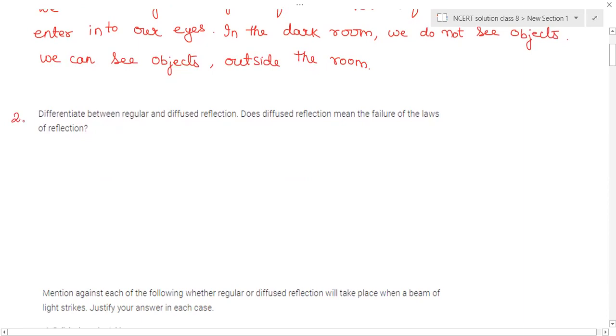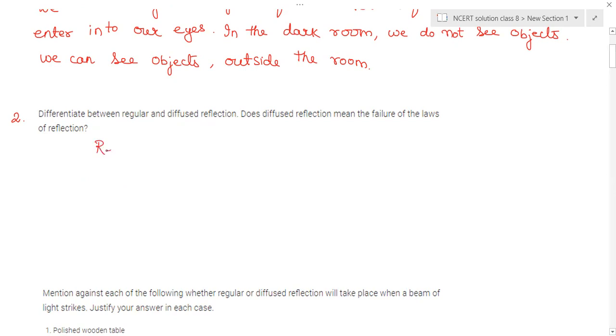Second question. Differentiate between regular and diffused reflection. Does diffused reflection mean the failure of laws of reflection? First, no, diffused reflection does not mean that the laws of reflection have been defied by light. Let's first compare regular reflection and diffused reflection.